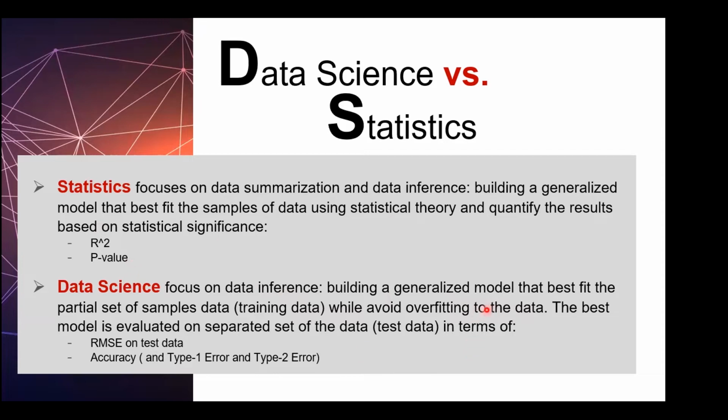This generalized model is trying to fit a statistical model to this training data and avoid overfitting. Overfitting means tuning the model too closely to the training data, because data science will evaluate this model based on the other set of data. So data science builds the model on training data and evaluates the model on a different set of data.